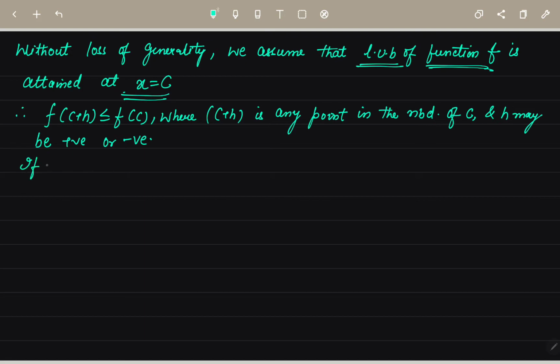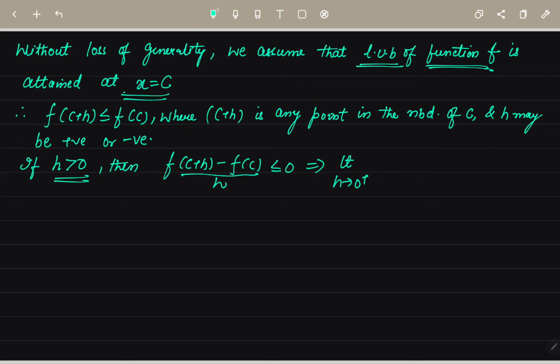So for example, if h is greater than 0, meaning h is a positive quantity, then the above quantity, (f(c+h) minus f(c)) divided by h, is less than 0. Similarly this implies limit h tends to 0 positive, because here h is greater than 0, so I am writing it in limit form.